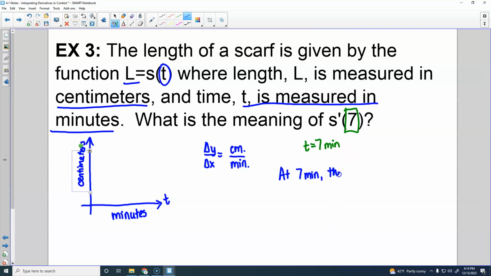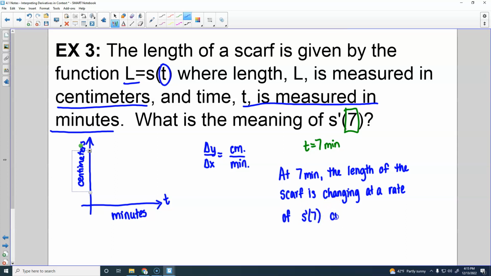So the length of the scarf is changing at a rate of S prime of 7 centimeters per minute.